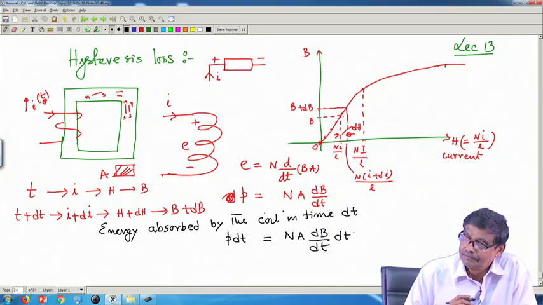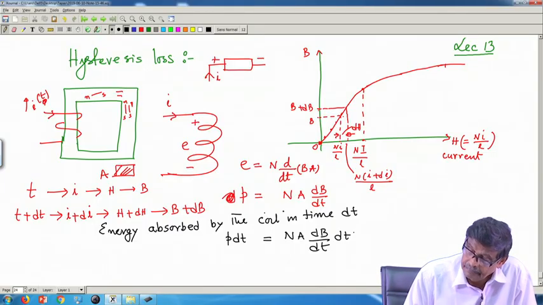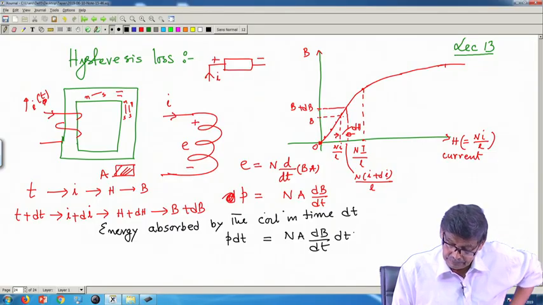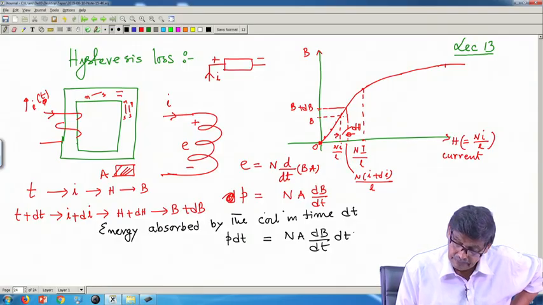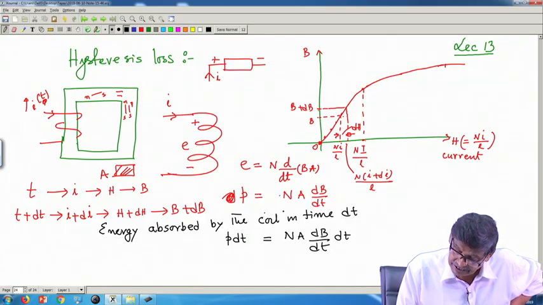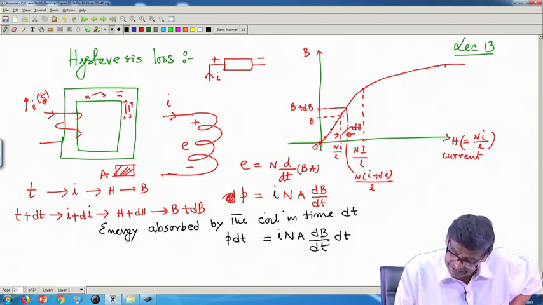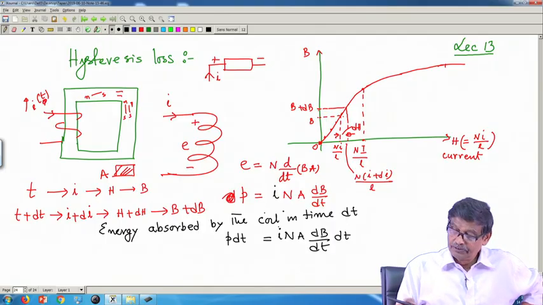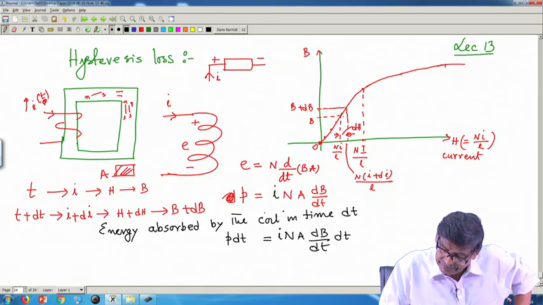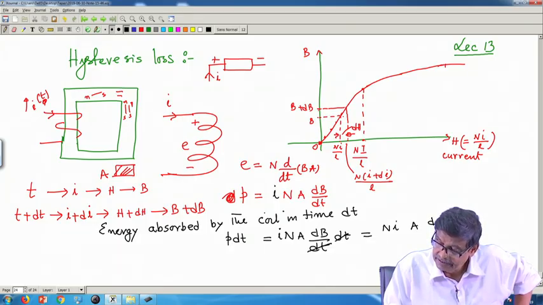This is the thing. So, P is this into I, correct. Power is voltage into current. So, here there is current. This will be the thing. This dt can be struck off and you will be left with N I A dB.